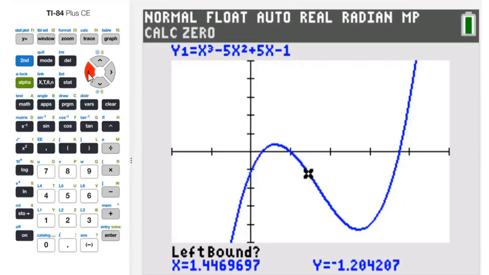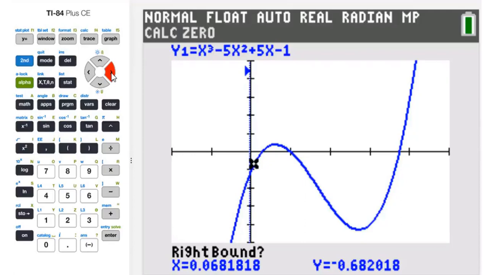So I move the arrow to the left side of this 0. It doesn't matter how far from this 0, as long as it's on the left side of this 0. So I press enter.